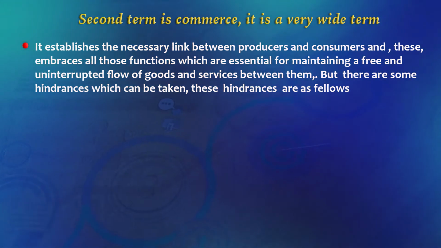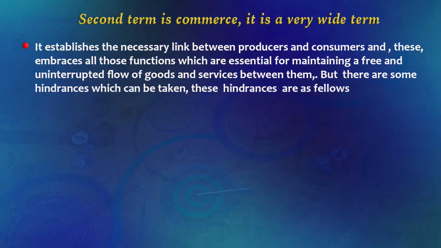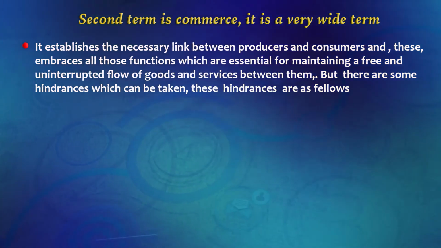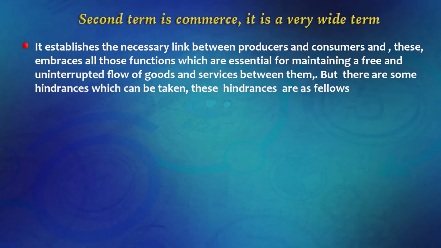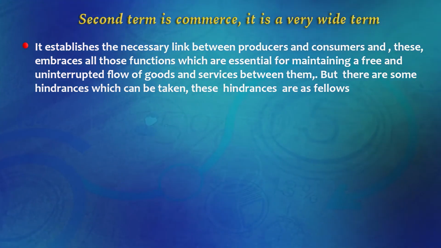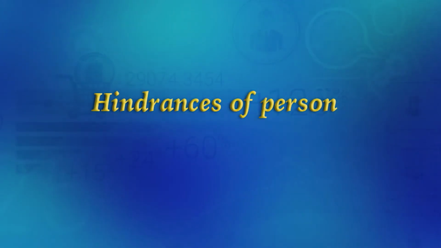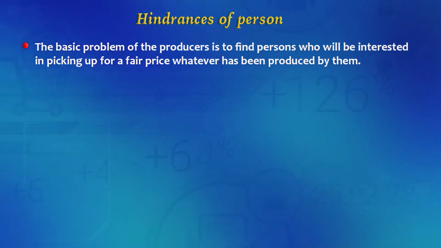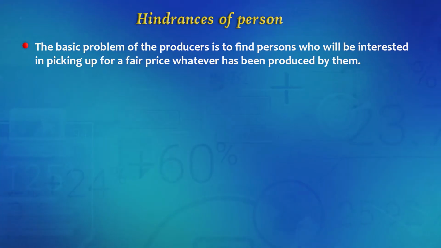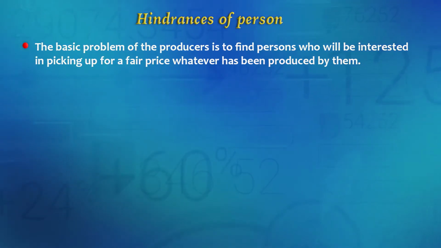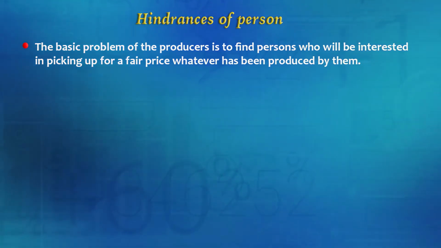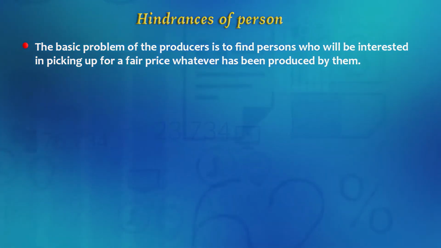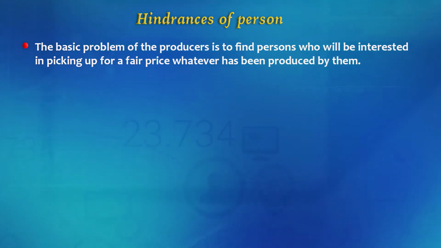But there are some hindrances which can be taken care of. These hindrances are as follows. First, hindrance of person. The basic problem of the producer is to find persons who will be interested in picking up for a fair price whatever has been produced by them.